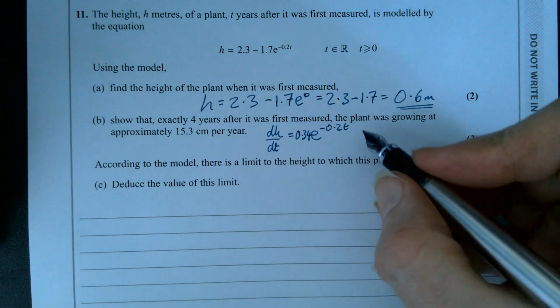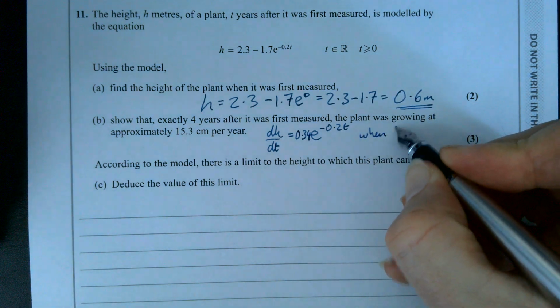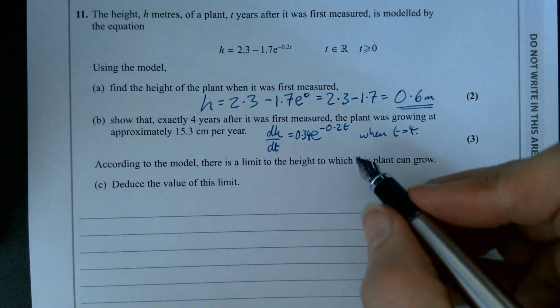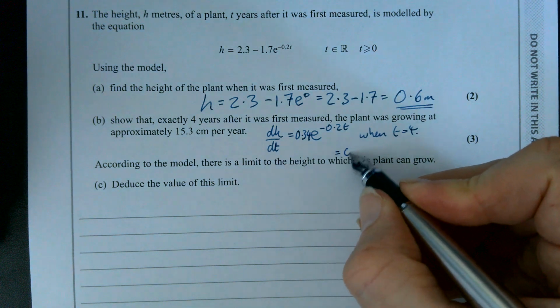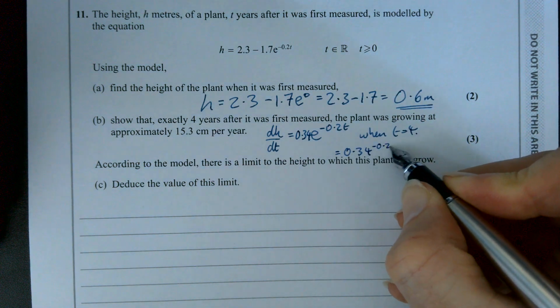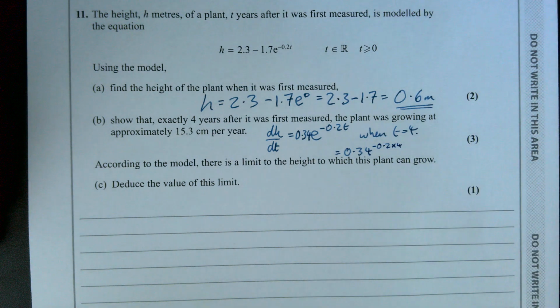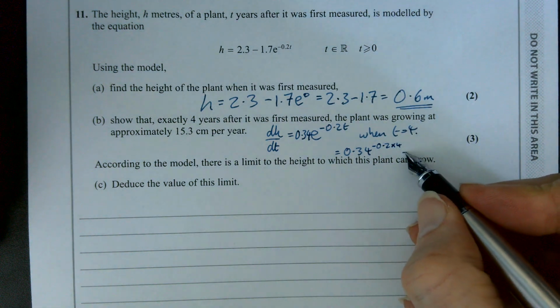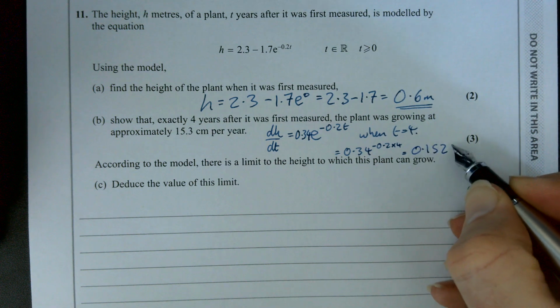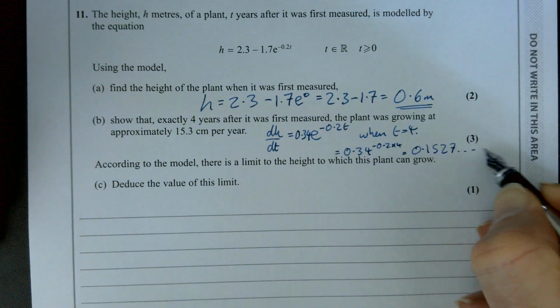And then when t equals 4, we will be substituting into that, so it's going to equal 0.34 e to the power negative 0.2 times 4, which is negative 0.8, and if you pop that into the calculator, it'll give you 0.1527 and so on.